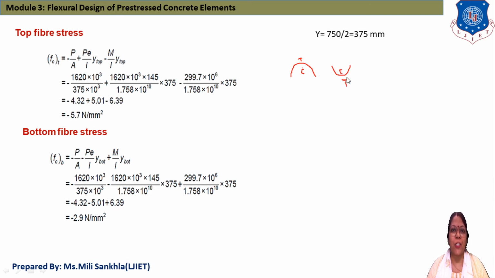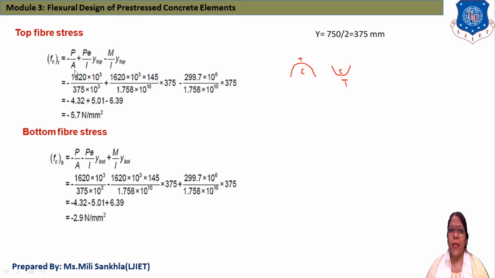This one is our external load and this one is our prestressing force. In this example, compressive force is taken as negative and tensile force as positive. P by A means our overall section is subjected to compressive force. Here the top due to prestress is tension, so take it as positive, and due to the moment the top is subjected to compression, so take it as negative.